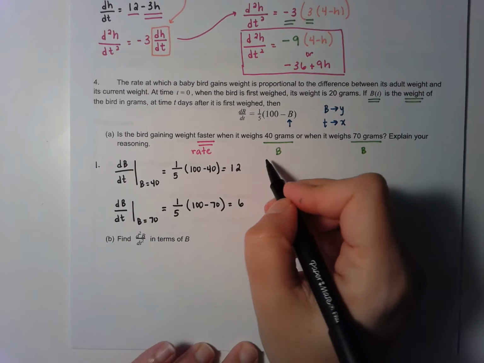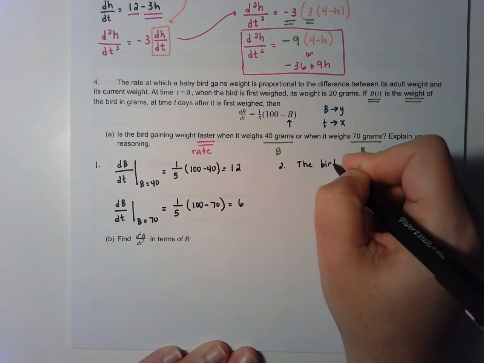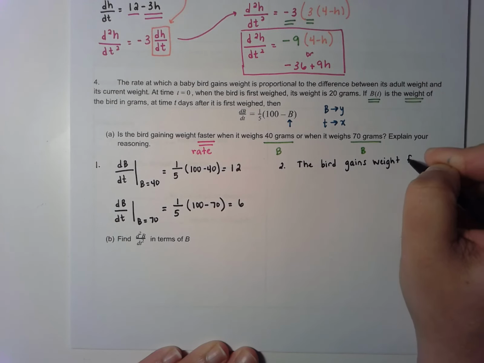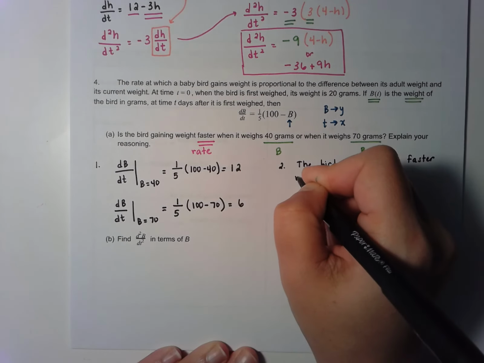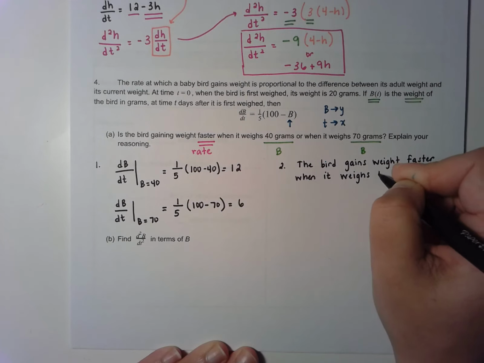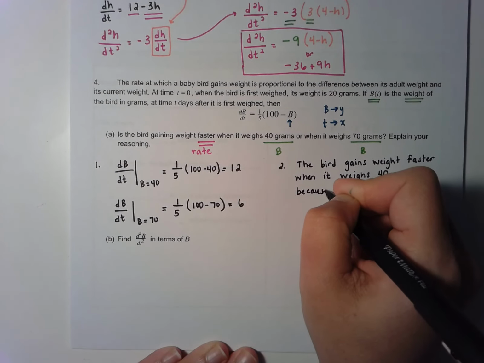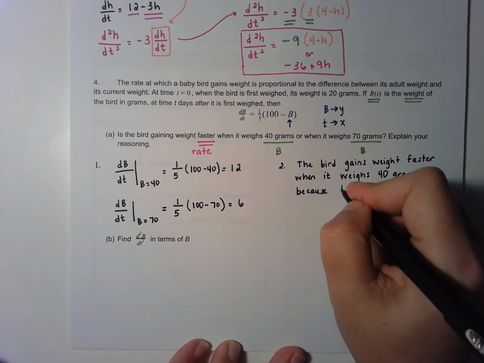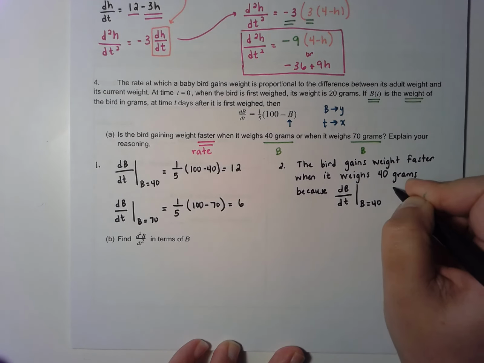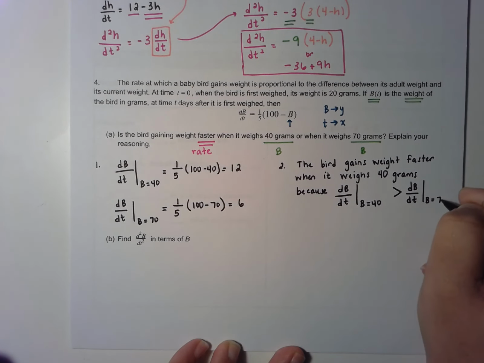For explaining my reasoning here, I'm just going to say that. So I would say the bird gains weight faster when it weighs 40 grams because the rate dB over dt evaluated when b is 40 is bigger than the rate dB over dt evaluated when b is 70.